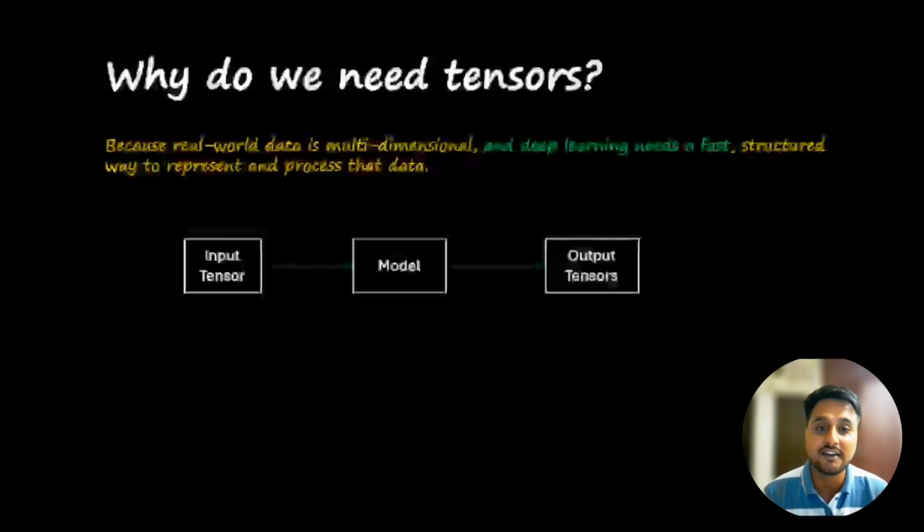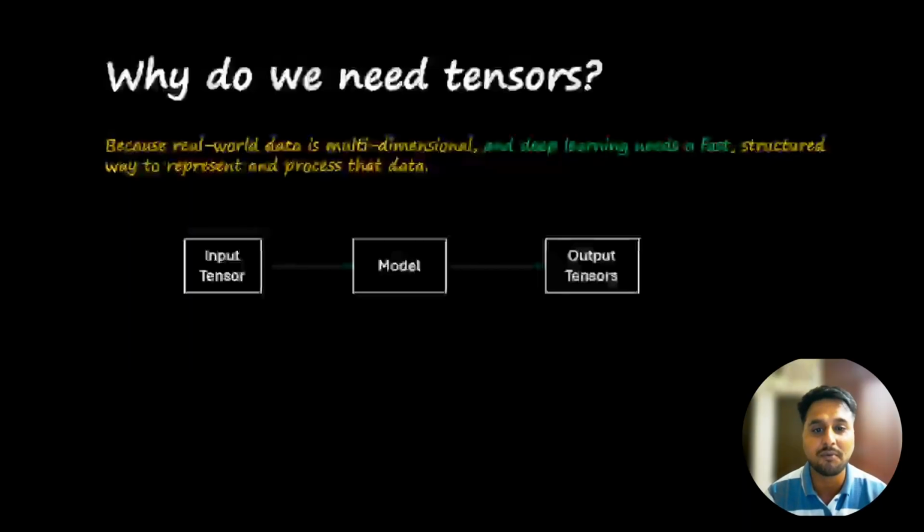So this is another reason. And you can see that in a model, we give an input tensor, and the tensor goes into a deep learning model. Inside, millions of tensor operations happen. And what comes out? An output tensor. A tensor again came out from the model. For example, probability like 80% cat and 20% dog.